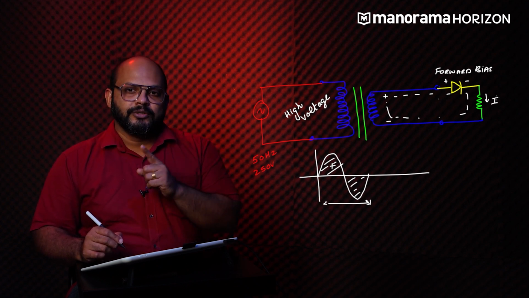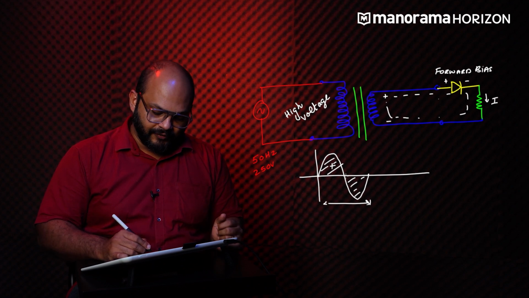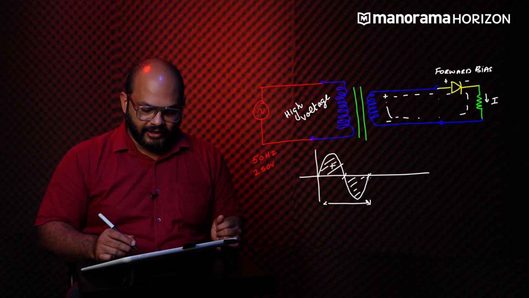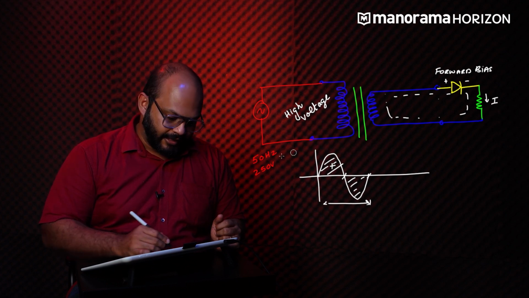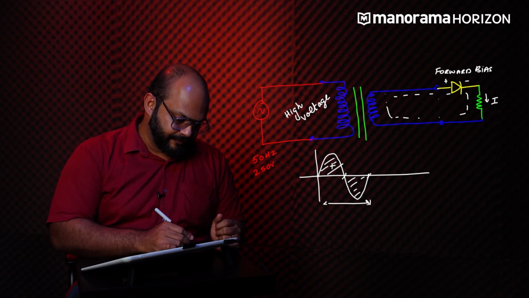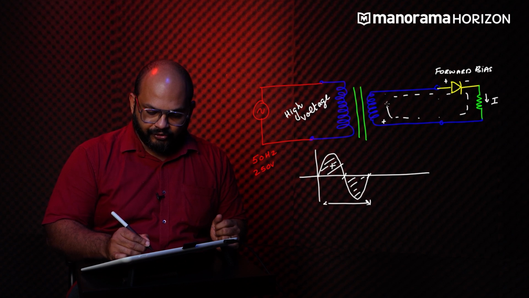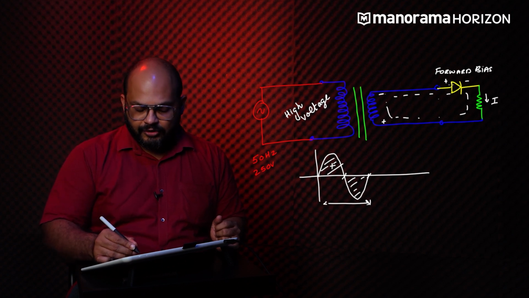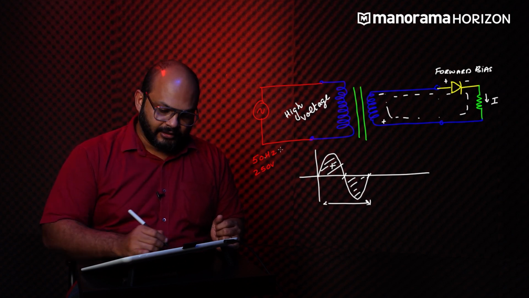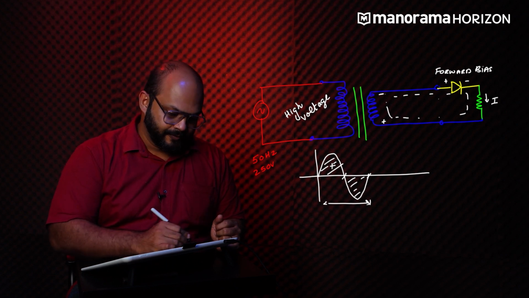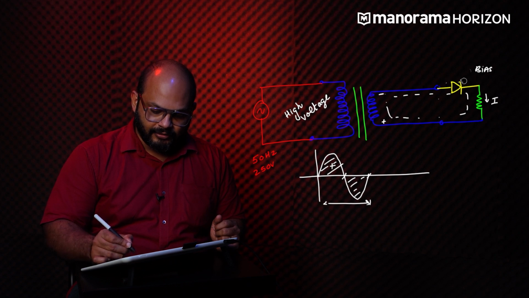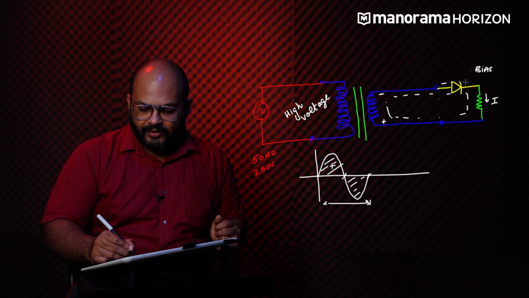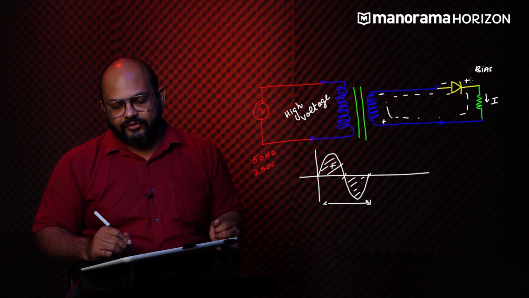But the moment we switch to the negative half cycle, the polarity changes. So the polarity here reverses itself. Now this is positive and this is negative, which means that the polarity at the diode will also change. So now we have reversed the polarity. So this is negative on the P side and positive on the N side.